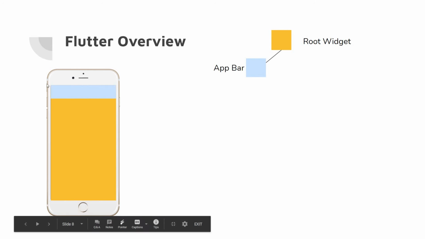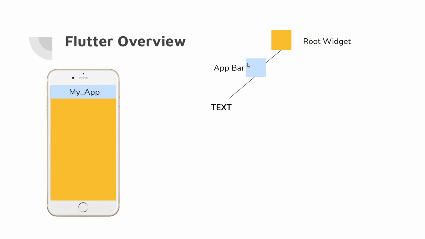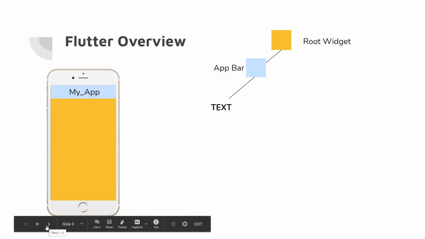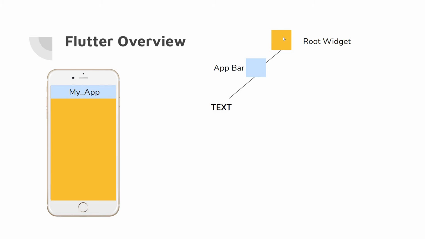It doesn't look like a real app, but you can see, we add an app bar, and then add text into our app bar. So text is a widget, the root widget's child is the app bar, and the app bar's child is a text. So like that.